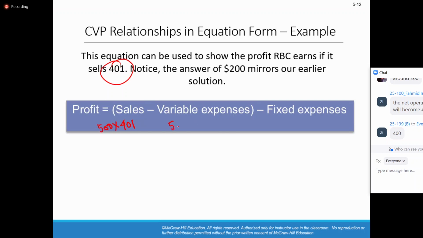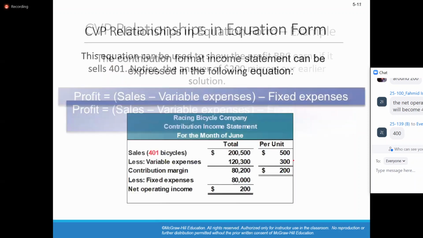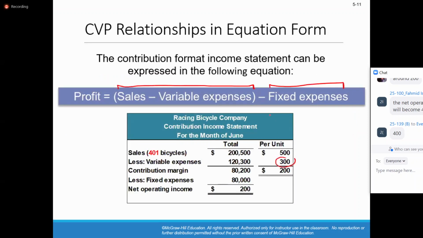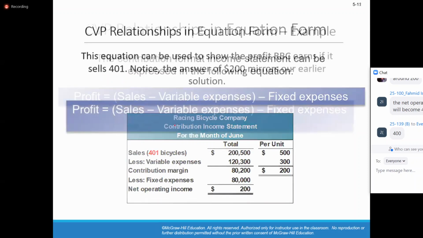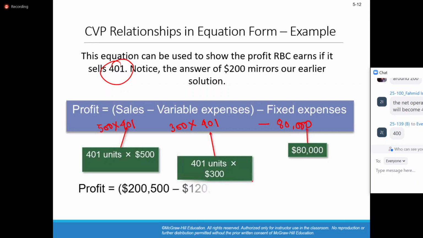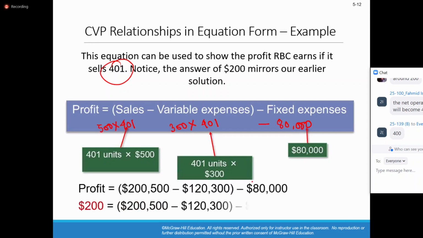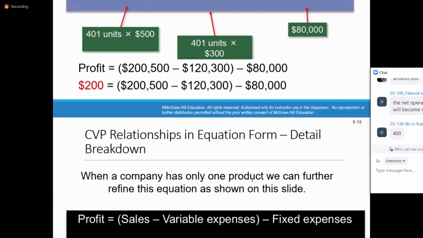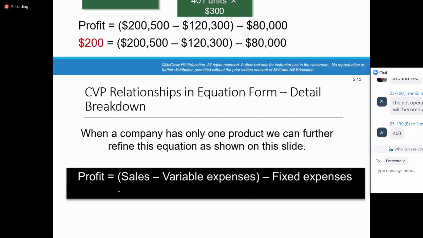And for 500, what is our variable expense per unit? 300. So 300 variable expense per unit multiplied by 401. And what is our fixed expense? 80,000. And we will get the profit available for 401 sales. Okay. So that number is 200.